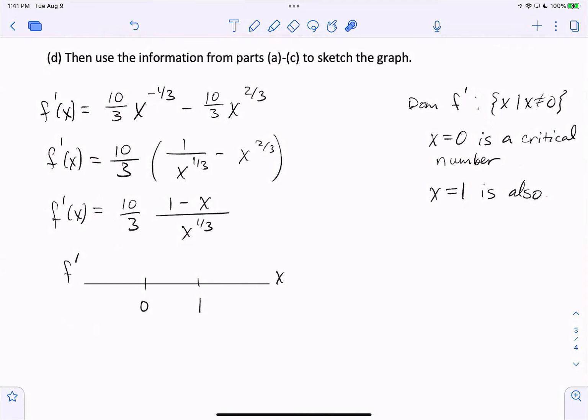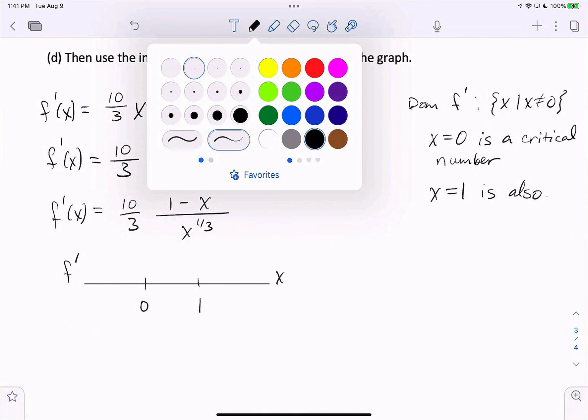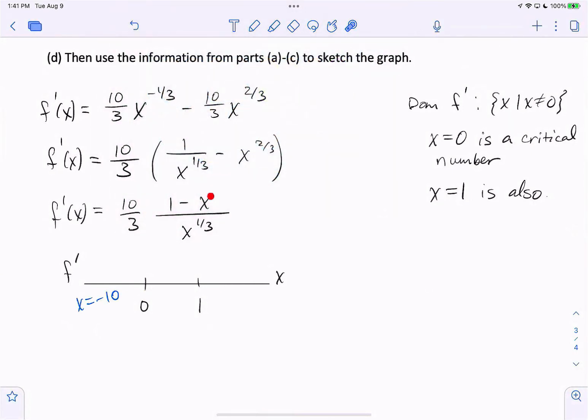So I'm going to pick some number to the left of 0. Let's say 10. 1 minus 10, negative. Let's try that again. I'm going to pick a number to the left of 0, and so how about x equals negative 10? 1 minus negative 10 is positive. Negative 10 to the 1/3 power is negative. f prime is negative to the left of 0. In between 1 and 0, how about if I pick x is equal to 1/2?